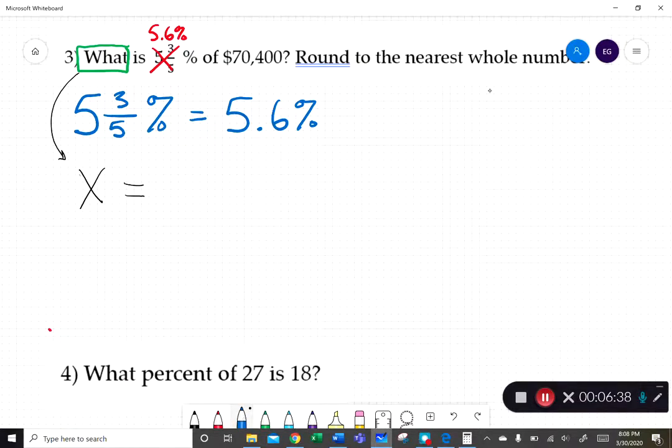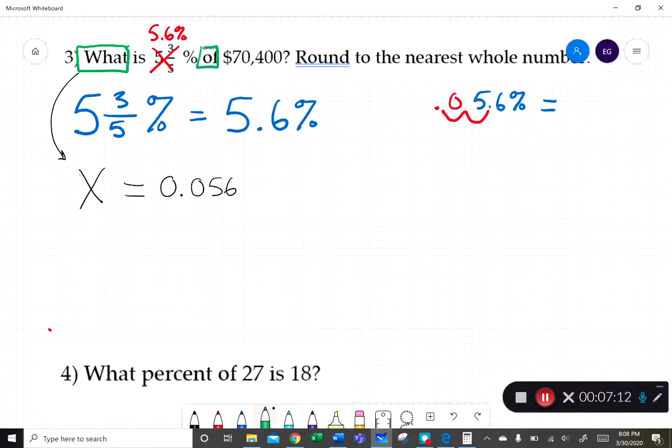And so 5.6%, to write this as a decimal. So in the last couple of problems, I divided by 100, and a shortcut for dividing by 100 is to move the decimal point 2 places. So the 5.6% is 0.056. That's the 5.6%.